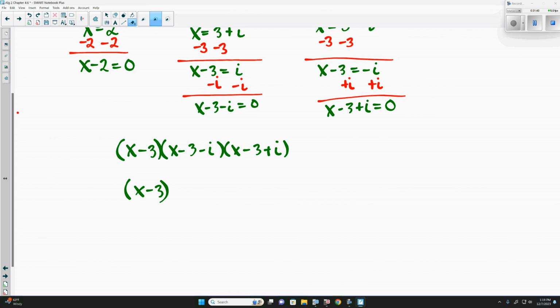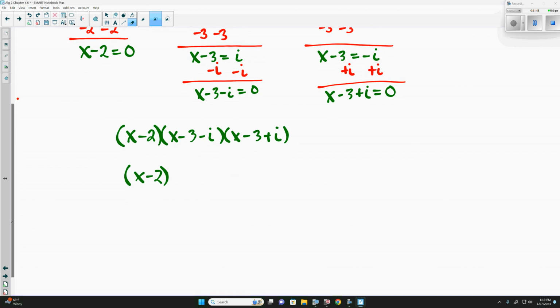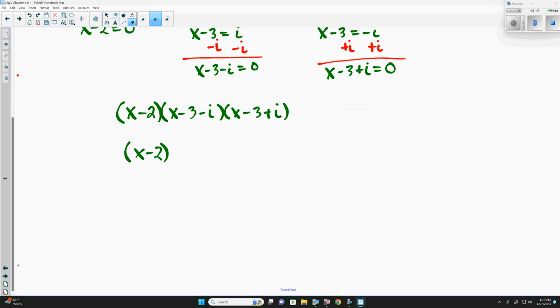We could multiply the x minus 2 and x minus 3 minus i first, but that's going to make it a lot bigger and a lot more terms to keep track of. So it's going to be better to do this multiplication first.